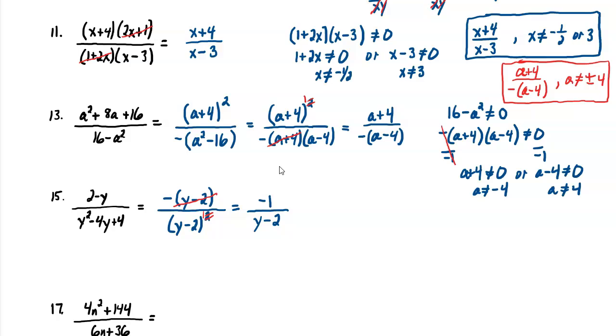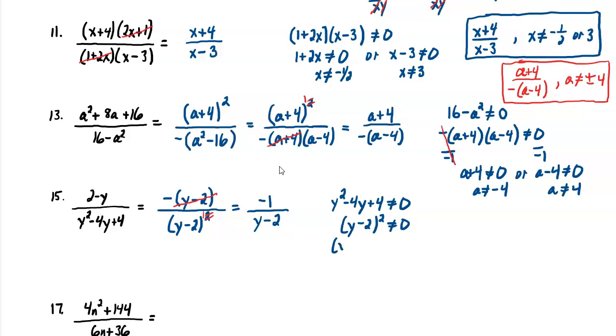Now the restricted values. You go back to the original denominator. Y squared minus 4y plus 4 cannot be equal to 0. Remember that we had already factored that as y minus 2 squared, so that cannot be equal to 0. Think about what y minus 2 squared means.